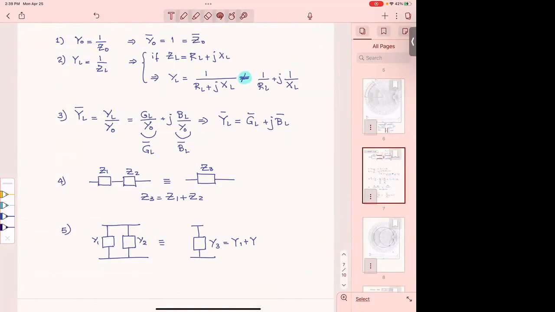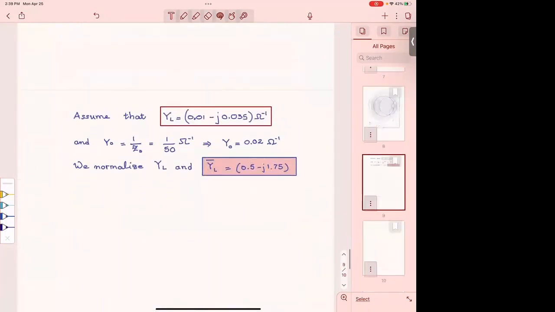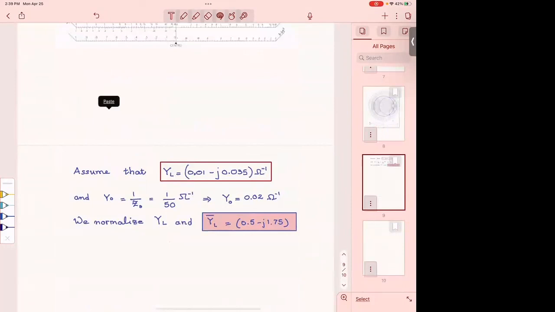So it's not going to be a series combination, it's going to be a parallel combination. Okay, so YL is going to have a conductance and a reactive part. It's going to be the parallel combination of a conductance with another reactive part, and I have to figure out what that is.